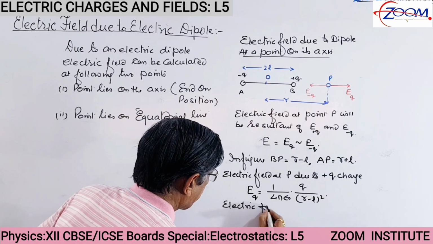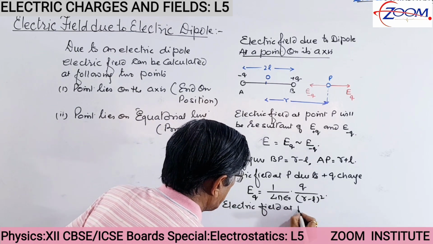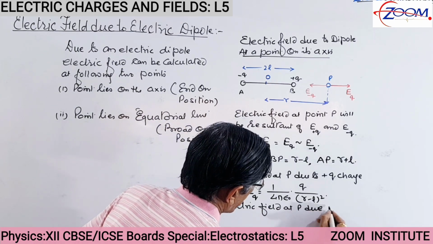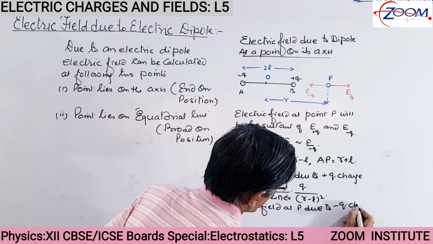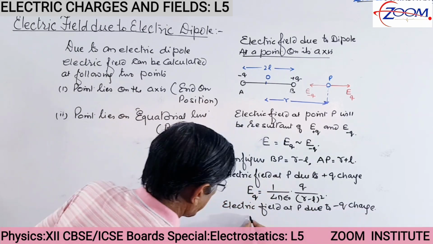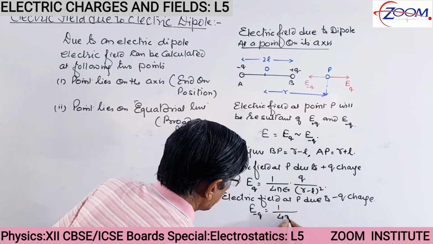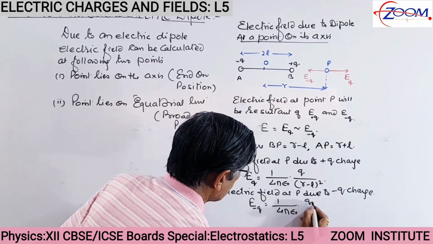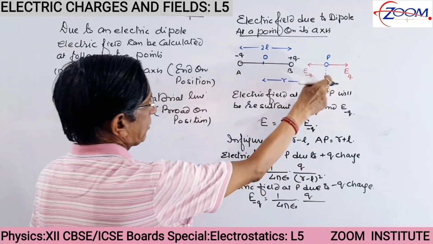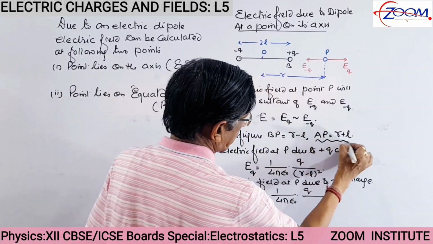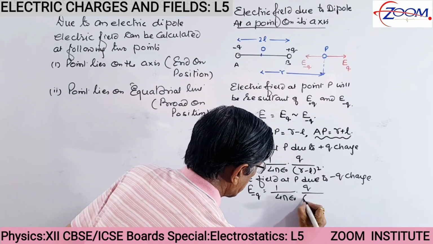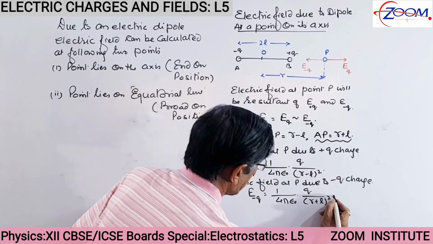Electric field at P due to minus q charge, that is E minus Q, is 1 upon 4 pi epsilon naught q. For this charge, the distance is AP, and AP is equal to r plus L. So it will come out (r plus L) square.